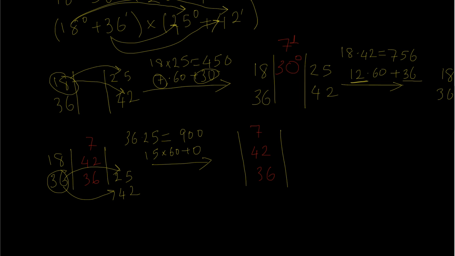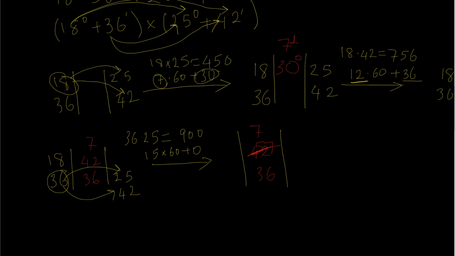Now, the result of this multiplication goes here, starting here and possibly up. The lower order digit is 0, so we are not adding anything to 36, but then we need to add 15 to 42, and it becomes 57.